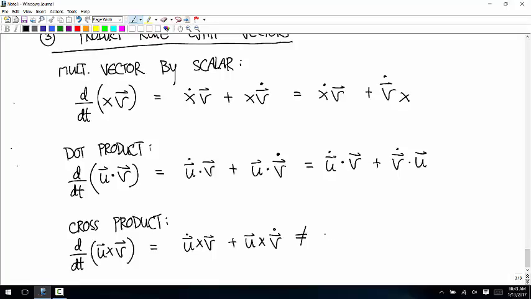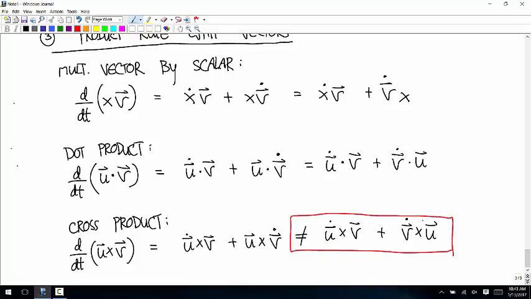So this is not equal to u dot cross v plus v dot cross u. Okay, so you got to get that order right. I would just get used to doing it in this order with everything, scalars multiplying by scalars, dot product.